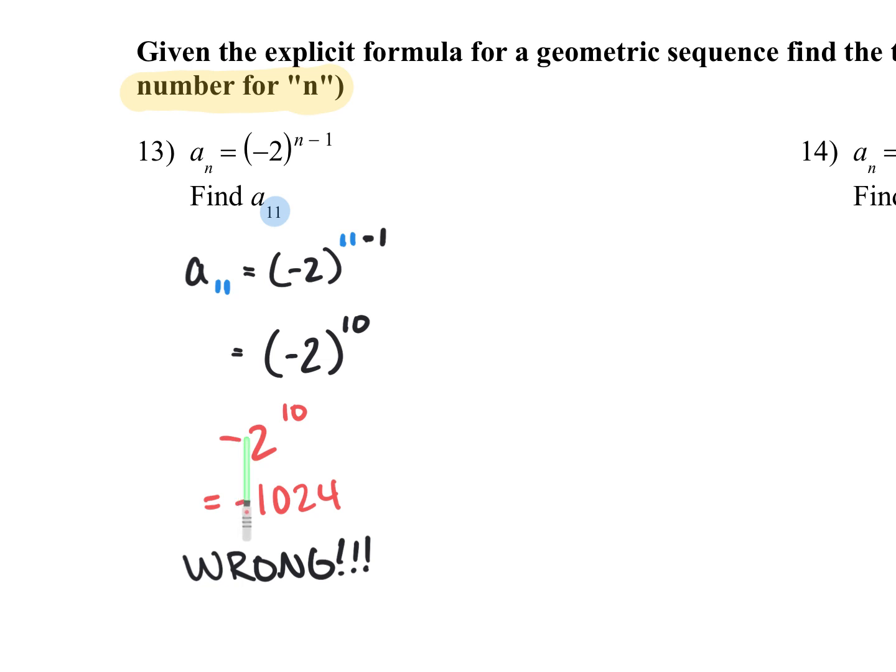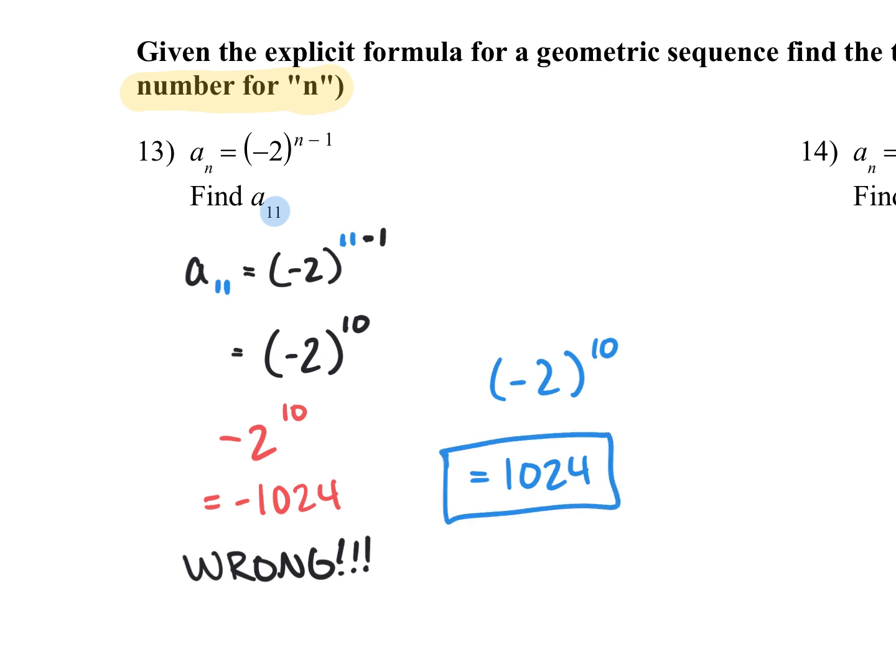That is wrong here. What should be raised to the 10th power? -2, not just 2. So if you take your calculator and go parentheses -2 to the 10th power, guess what you get out? Positive 1024.